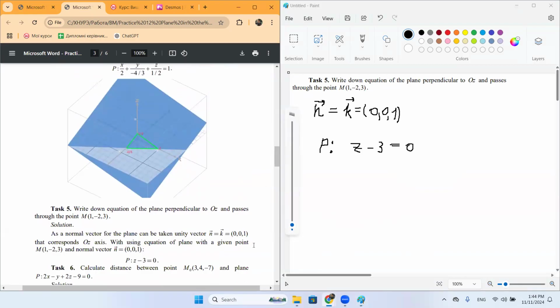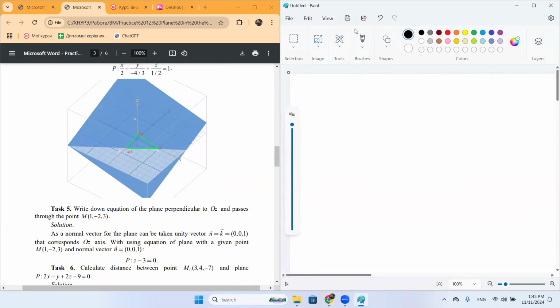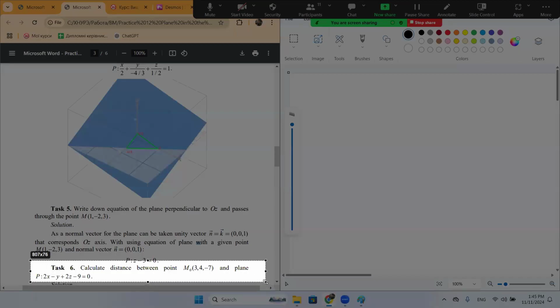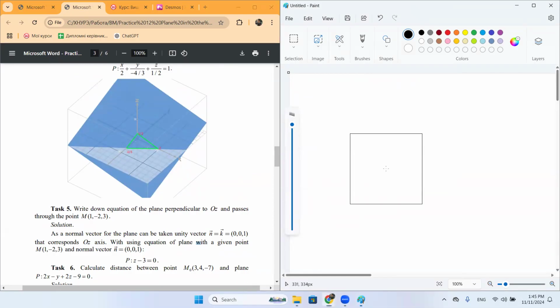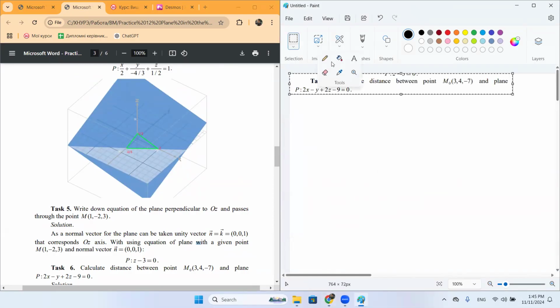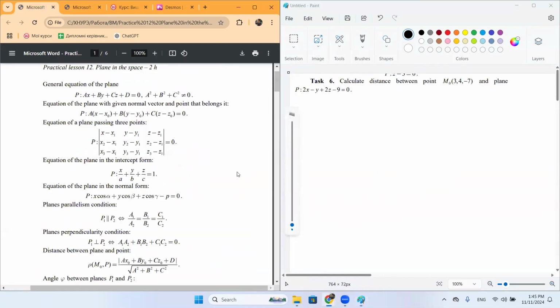So we need to calculate the distance between the point and the plane. The formula is in front of you.